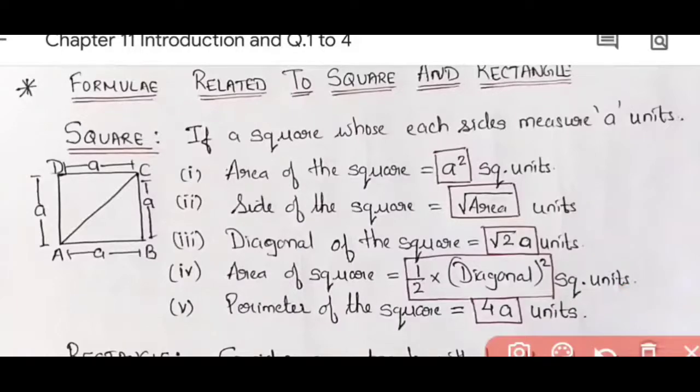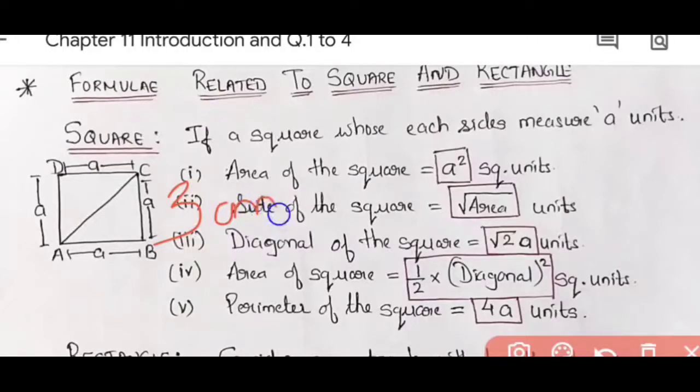Now moving to the third formula, that is diagonal of the square. If they have given you the side of the square, let us say again 3 centimeter is the side of the square, then what will be the diagonal? If they ask you to find diagonal, what you will write?